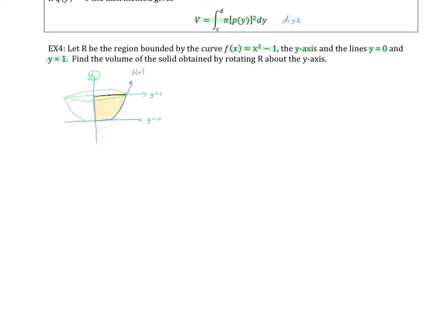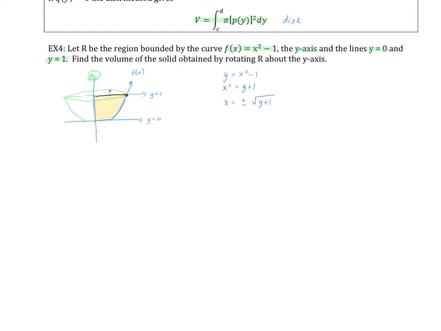Each disk has a radius, except this value r is actually an x value. So if f of x, or y, is equal to x squared minus 1, since we're integrating with respect to y, we have to solve this for x, which gives us x squared equal to y plus 1. x is equal to plus or minus the square root of y plus 1.